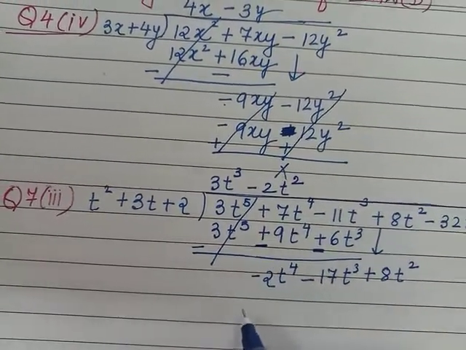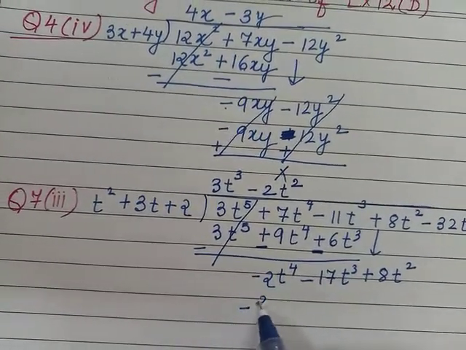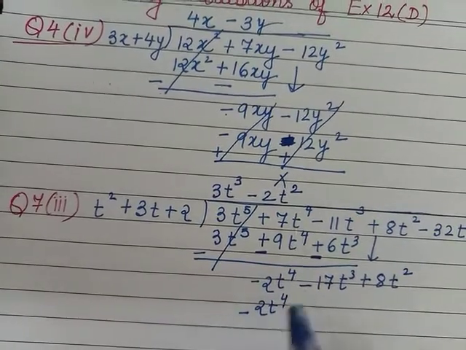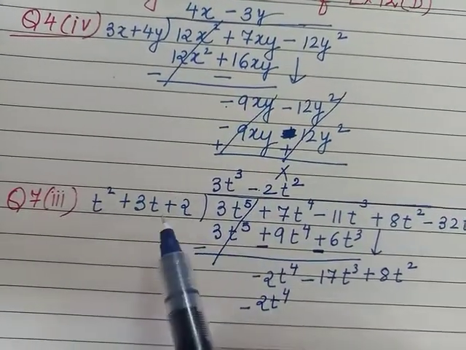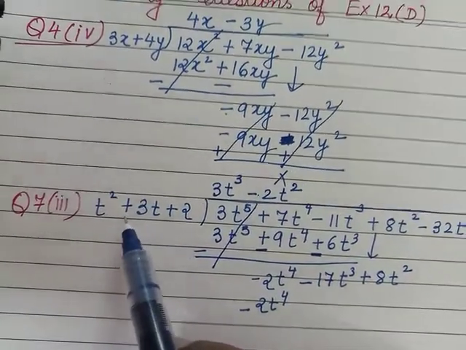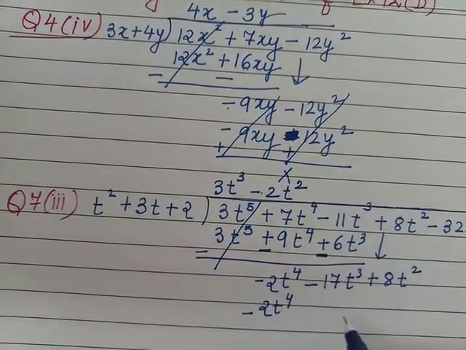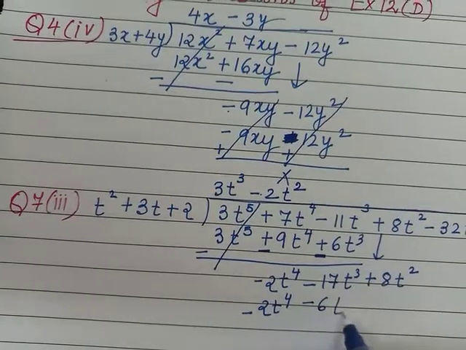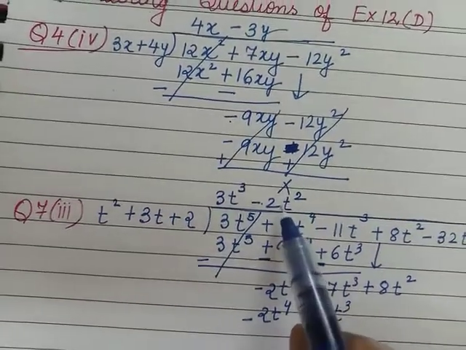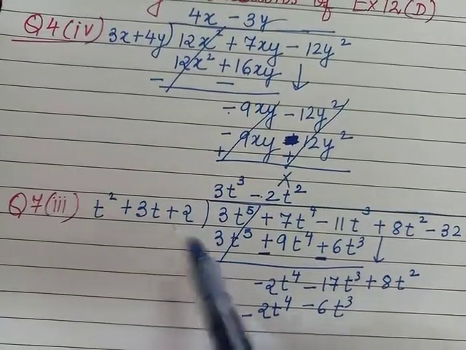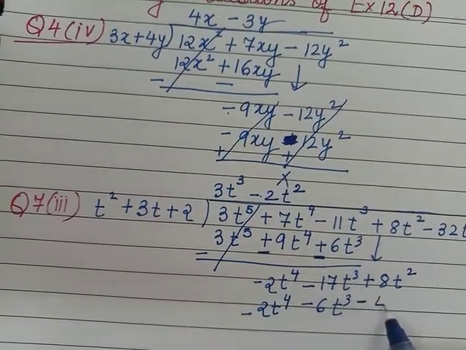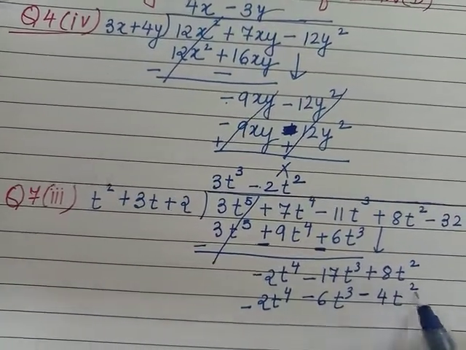So what we get firstly? Minus 2t to the power 4. When you multiply with plus 3t, plus minus will become minus. 3 twos are 6, so minus 6t cube. When you multiply this with the plus 2, that will give you minus 4t square.